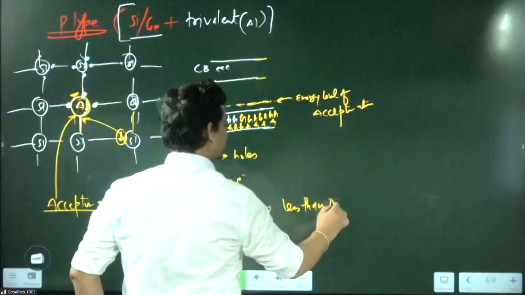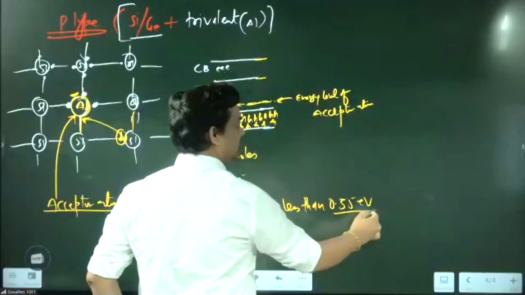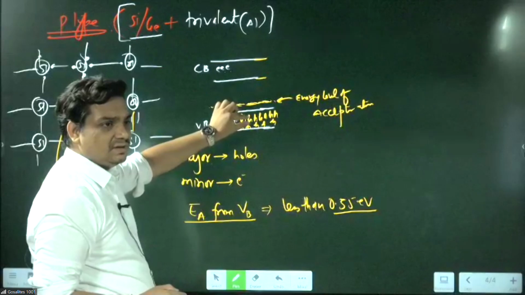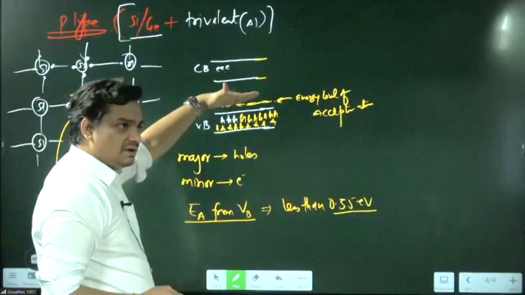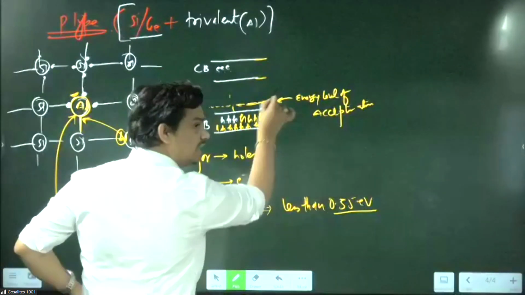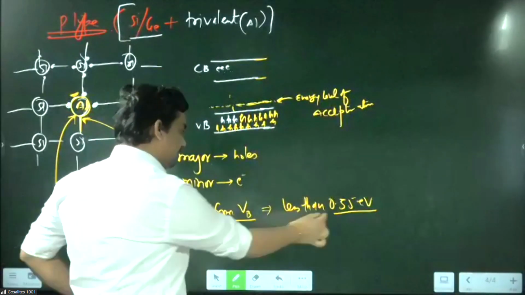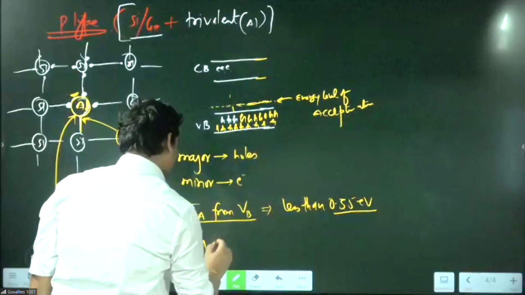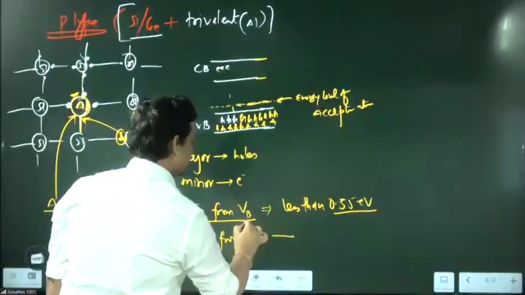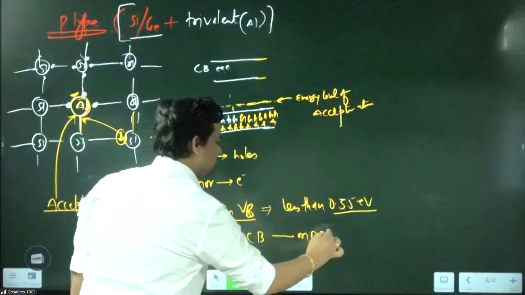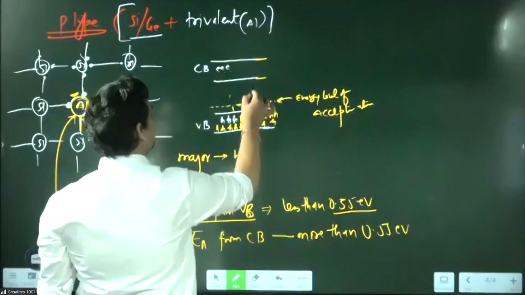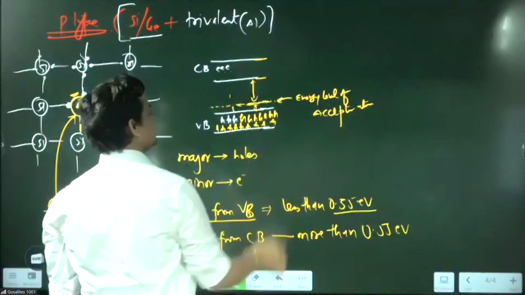Less than 0.55, because the total is 1.1 and the middle is 0.55, so it will be less. And if I ask the energy level of acceptor atom from CB, it will be more than 0.55. This will be more than 0.55 and this will be less than 0.55.